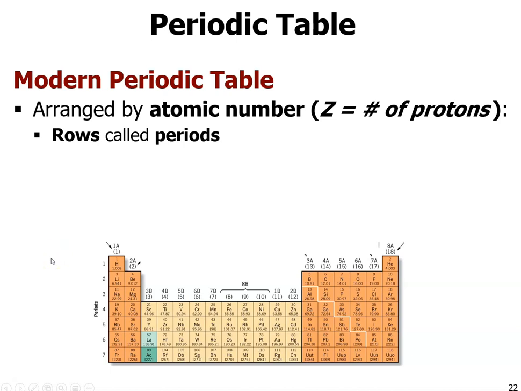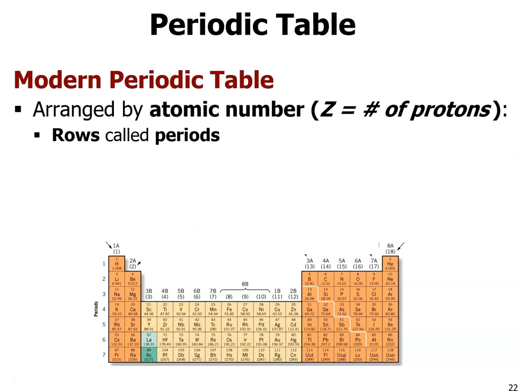So the periodic table is arranged by the atomic number. So you'll notice on the top of each of these different cubes here that represents a different element or a different atom. That's also called the atomic number. The atomic number is the same number as the number of protons that an element has.